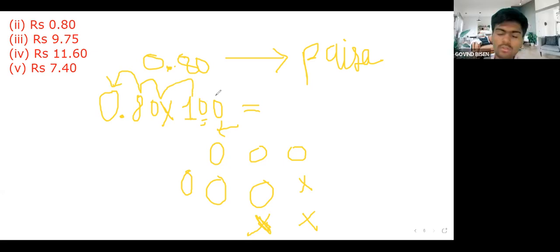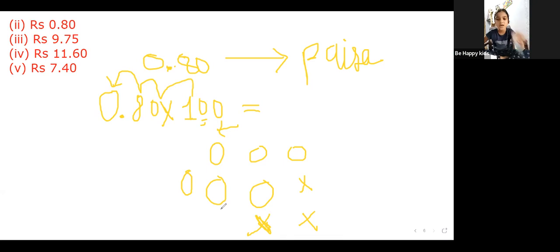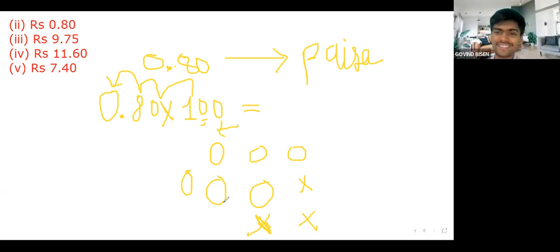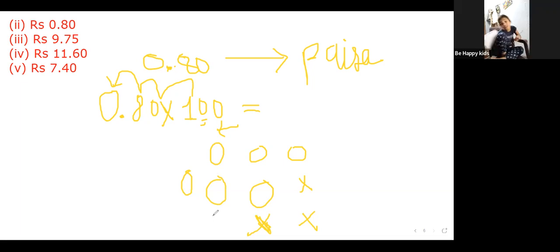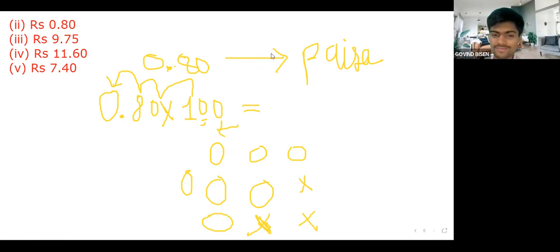So 1 multiplied with 0. 1 multiplied with 0 is 1. Ah, that's the mistake. We had done this, right? If we are multiplying 0 with 1, what is the answer? It's 0, right? So please do correct it. That's the mistake we did.